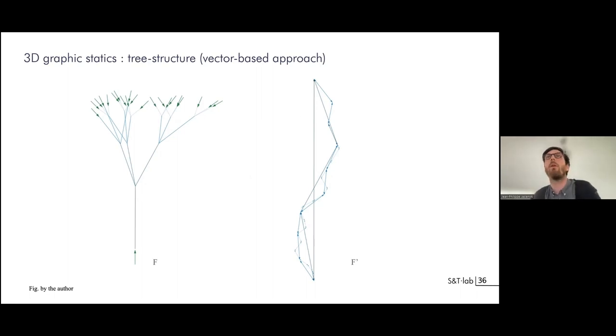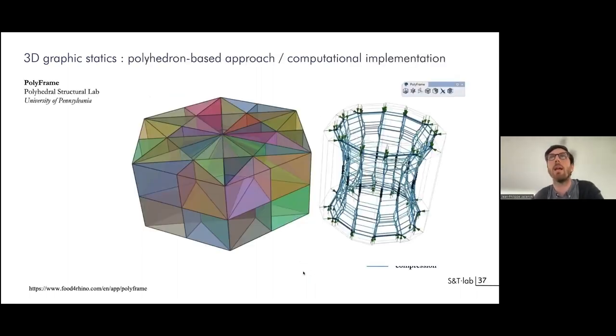But both approaches are very interesting and have their own benefits, and I really strongly believe that it's very nice that different groups develop different approaches, because all of this at some point is making the topic of 3D graphic statics stronger, and this is what we all want, that graphic statics is more used by designers, by architects, by structural engineers. And so all these approaches at some point are not fighting against each other, but they are complementary.